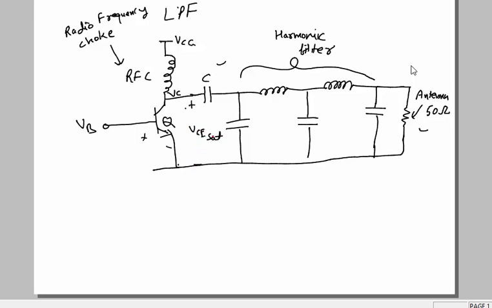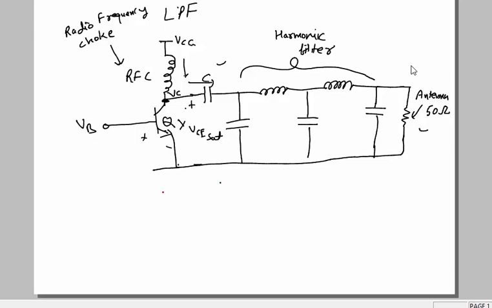Now when the input voltage is less than the cut-in voltage, the transistor is off. At this time the induced EMF in the inductor provides the collector voltage here. This output voltage is fed to the LPF, the low pass filter, which suppresses the high frequency harmonics present at the collector and produces output similar to the input signal.